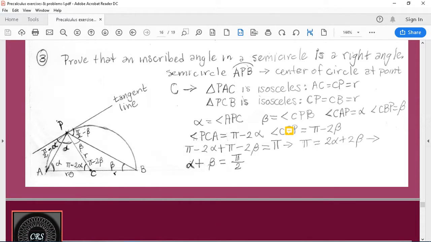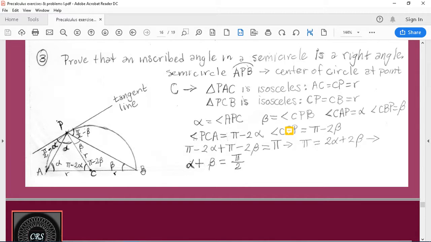So that means that angles CAP and APC are equal, and we will identify them with the letter alpha. We also have that angles CBP and BPC are also equal to each other, and we will identify these angles with the letter beta.